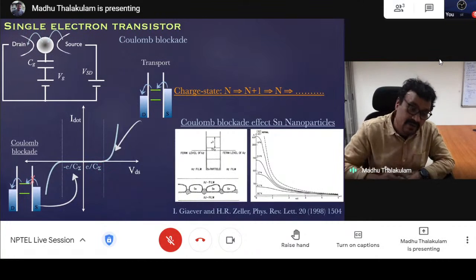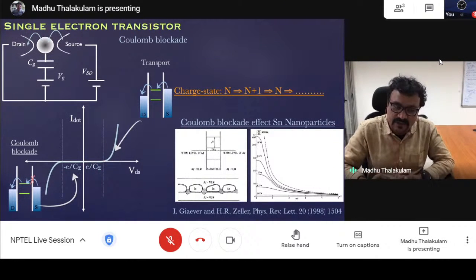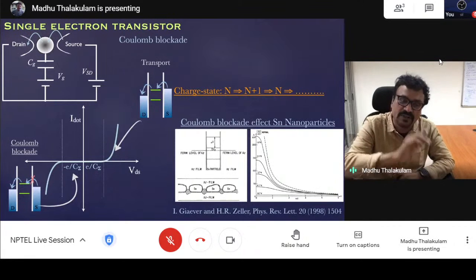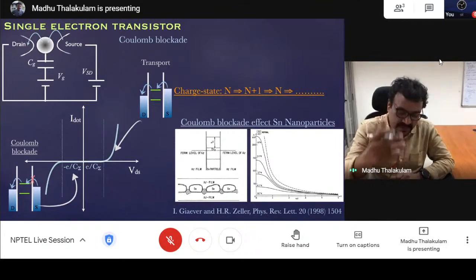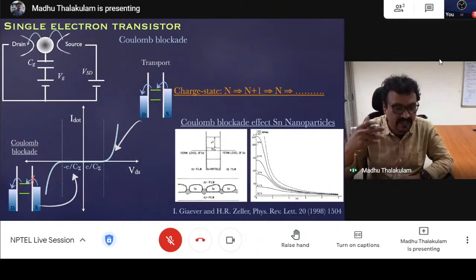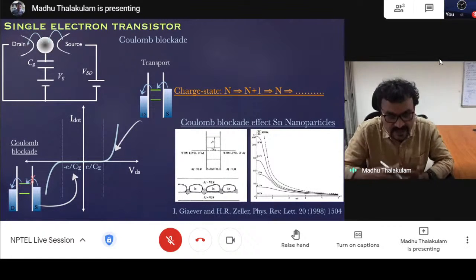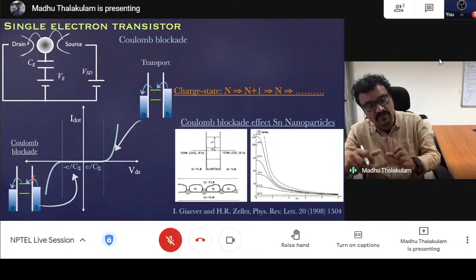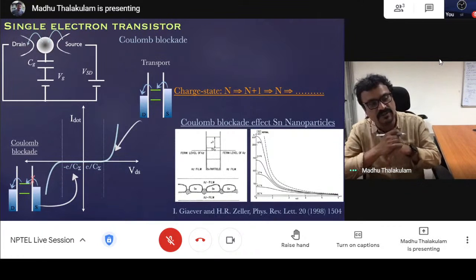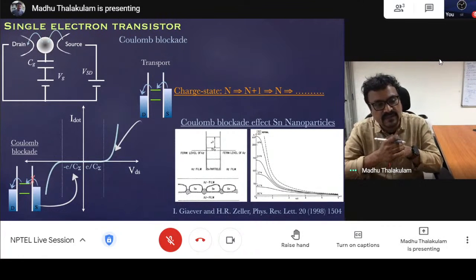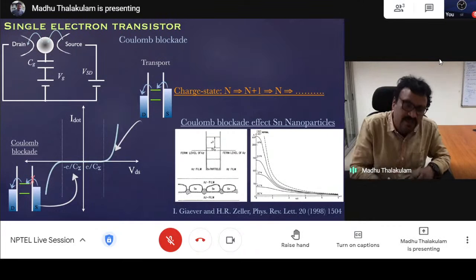So this is blocked because of the classical electrostatics or Coulomb repulsion of the electrons which are already there on the dot. If you look at the physics of charging energy, you can realize that it is because of the Coulomb repulsion of the electrons which are already on the dot. Okay, so the transport is blocked because of Coulomb repulsion.